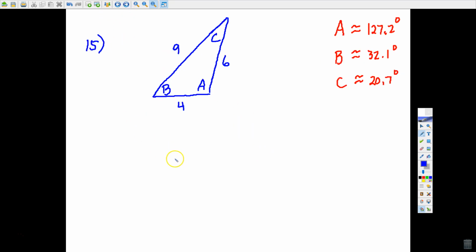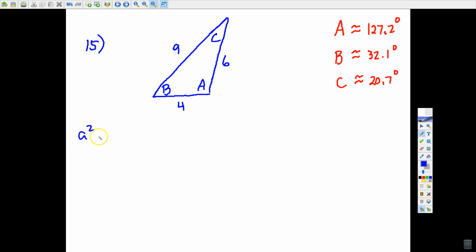Let's try another one. This is a side-side-side triangle. So let's see how this works. It doesn't really matter where we start. We can just go in order if you like. We can start off with angle A. You really are not wrong by starting with B or C. So I'm going to start with this formula, but remember I'm going to turn it around.